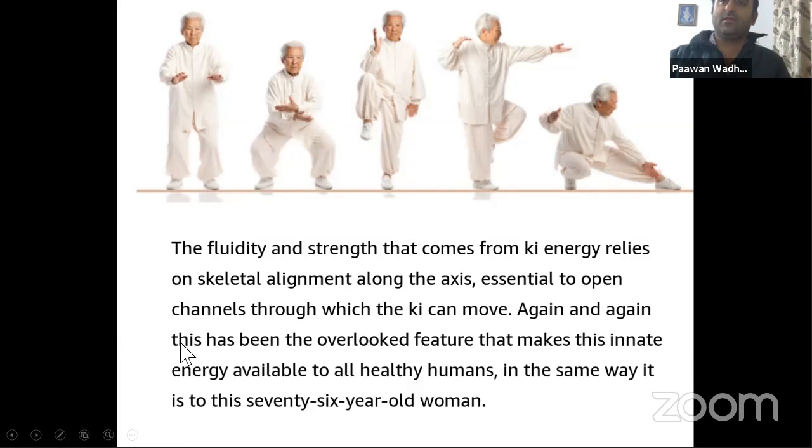Again and again, this has been the overlooked feature that makes this innate energy available to all healthy humans. In the same way, this 76-year-old woman. So when we do the Tai Chi properly with the alignment, you can imagine how our powers will increase and what the Tai Chi will be like.